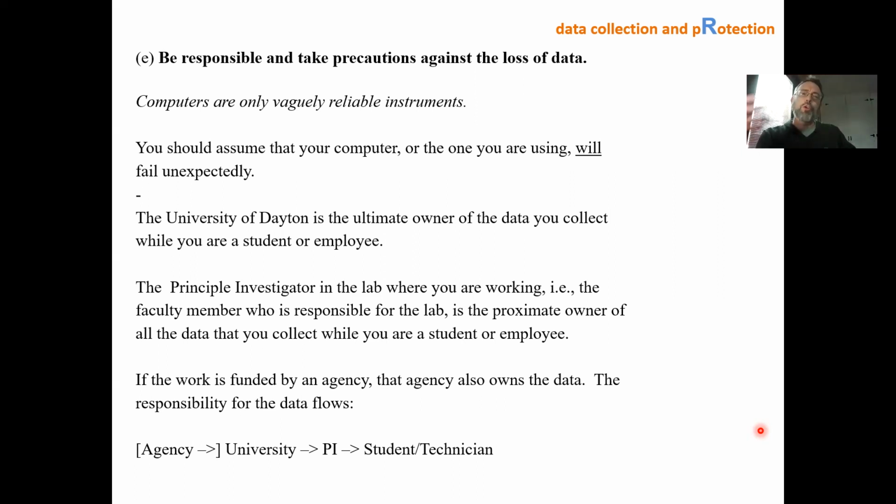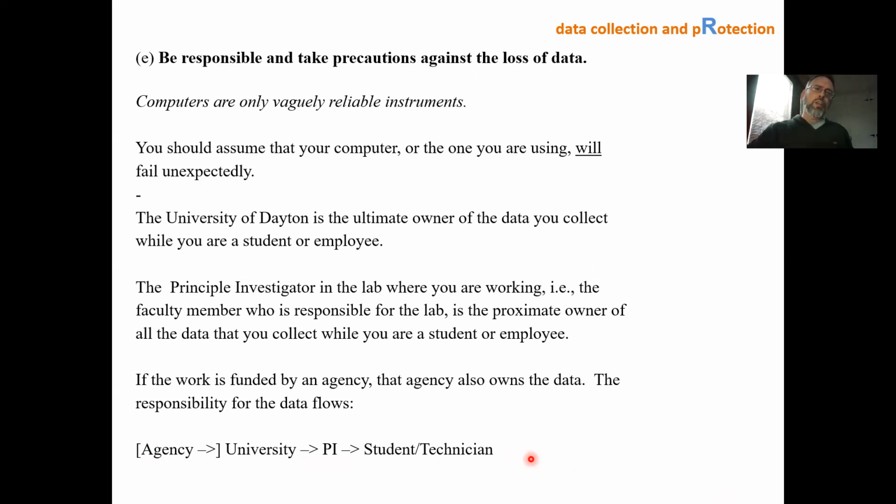The principal investigator, your mentor, or whoever you're working for directly is the proximate owner. This is my job in my lab. I am the person responsible for maintaining the data that the University of Dayton ultimately owns. And if we've got an agency involved, the agency also owns the data. If you're funded by the National Science Foundation, National Institutes of Health, or some other agency or organization, they own the data. The responsibility flows like this: agency, university, PI, student, or technician.